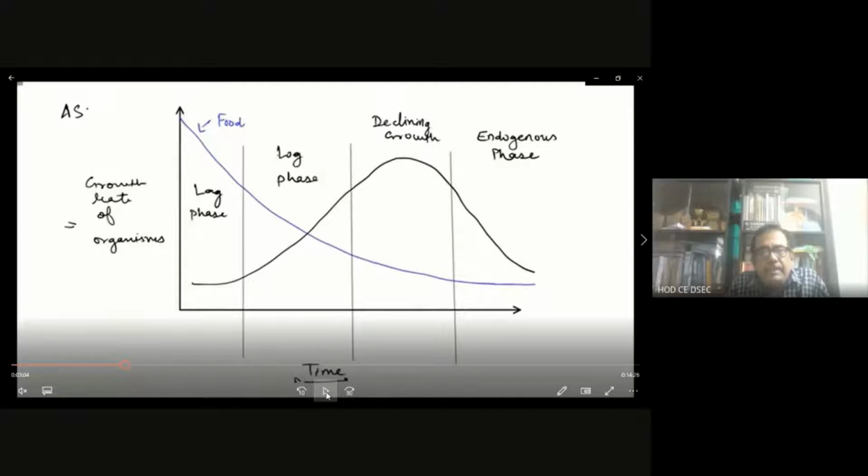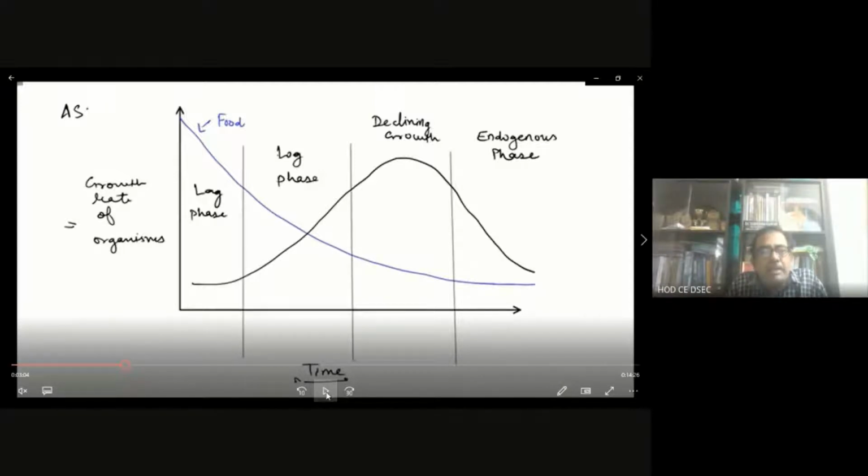Let me describe the whole thing, then I will show the diagram in the editing phase. Let me clarify the diagram first. Now what is the significance of this diagram? This is basically the growth rate of the organism and the substrate utilization rate of the organic matter, that is the substrate, which is the food of the organism.